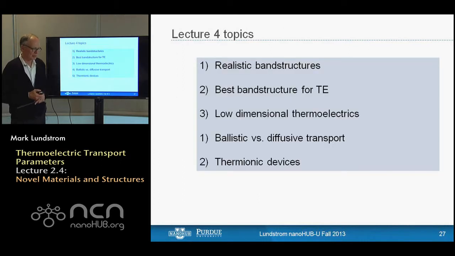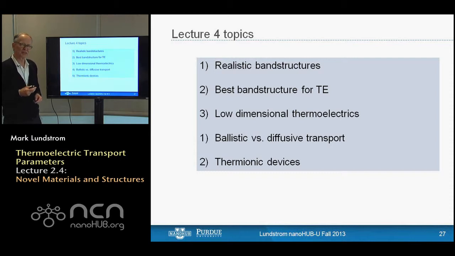So, just to wrap up, these are the topics that we discussed. I just introduced you to the fact that realistic band structures can be much more complicated. We'll talk about that in the lecture by Dr. Mason at the last lecture in week 2. We discussed the fact that it's really difficult to identify a single optimum band structure.